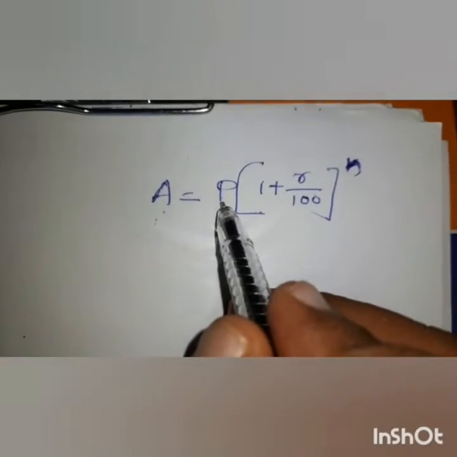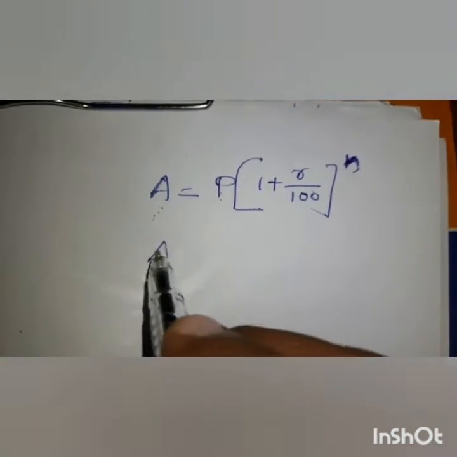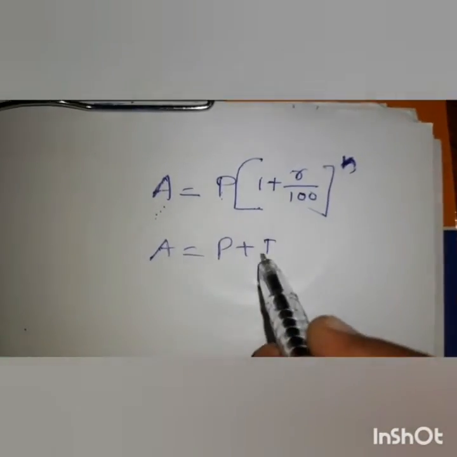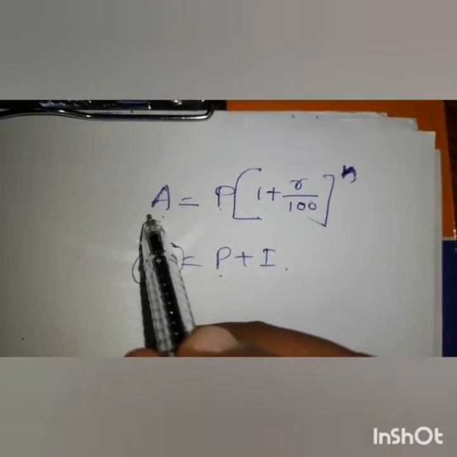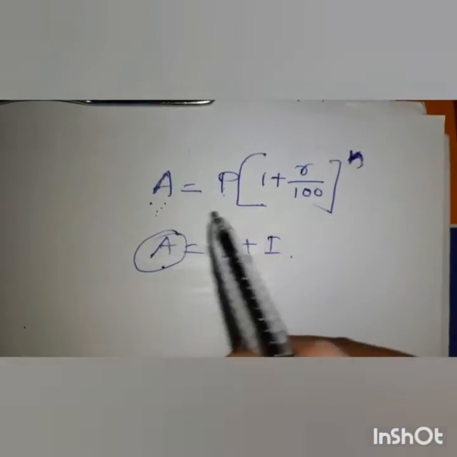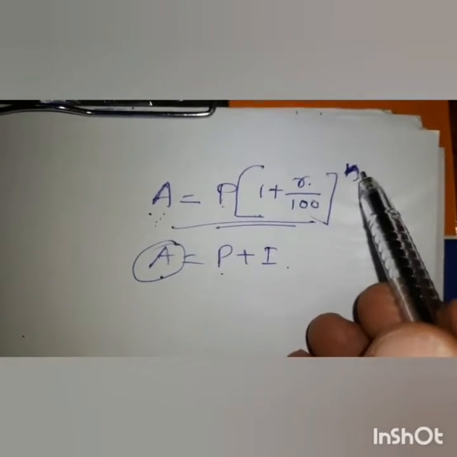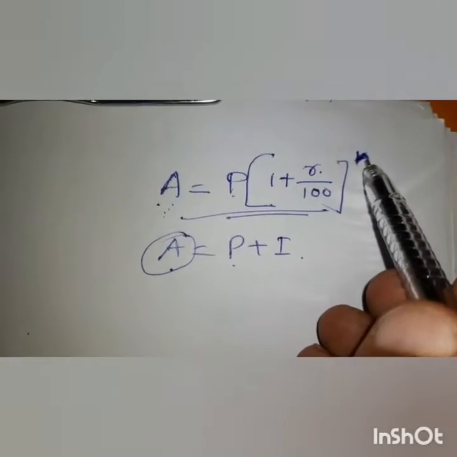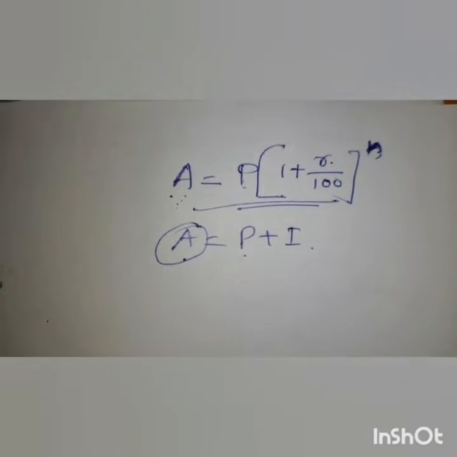So P is the principal amount, A is the total amount, that means A is equal to P plus I, the interest. P is the principal amount, R is the rate of interest, n is the number of years.